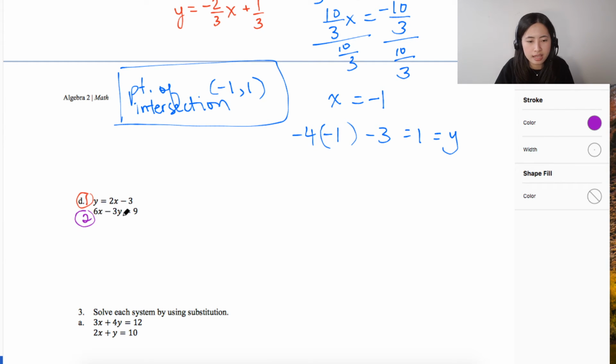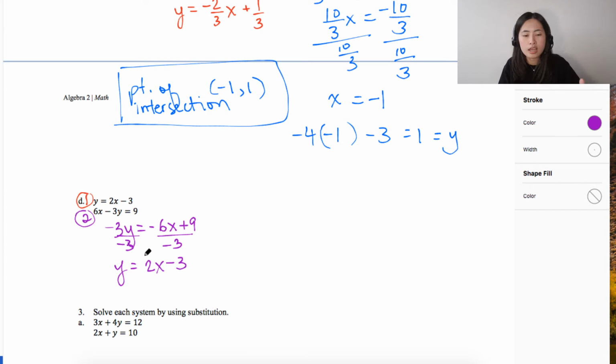So we have 6x minus 3y, which is equal to 9. So we can say that this is negative 3y, which is equal to negative 6x plus 9, dividing both sides by negative 3. Therefore, we would have y, which is equal to, so negative 6 divided by negative 3 is actually 2x, and 9 divided by negative 3 is minus 3. So what can we say about the two equations? Because they're the exact same equation, remember what I said, what does it mean when two lines are coinciding?